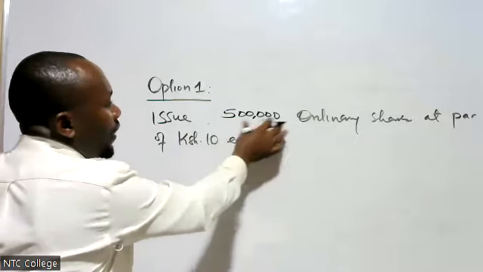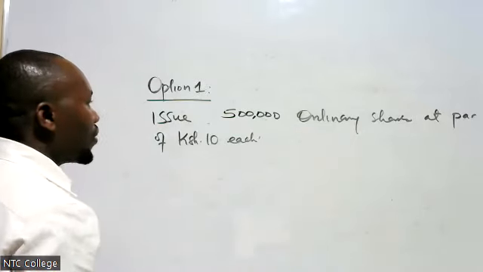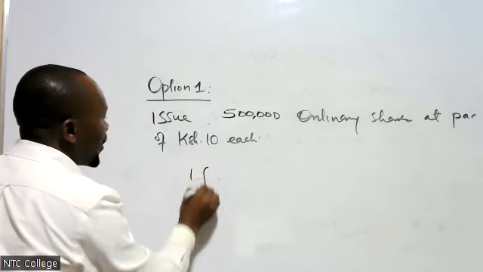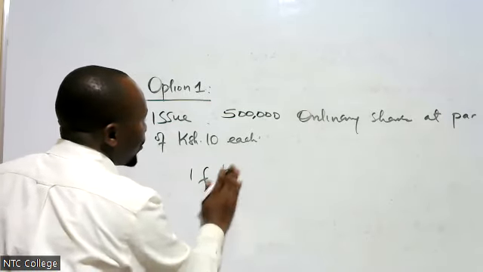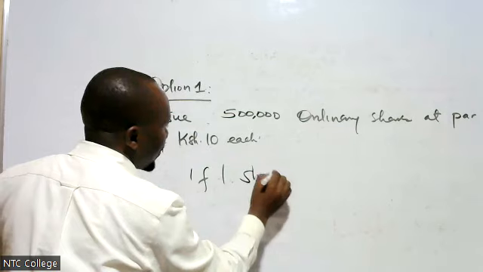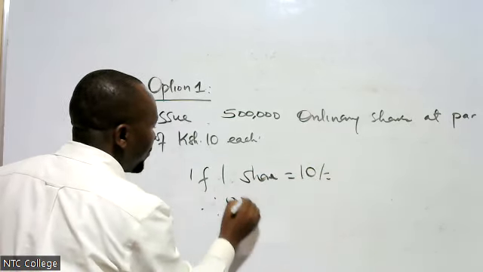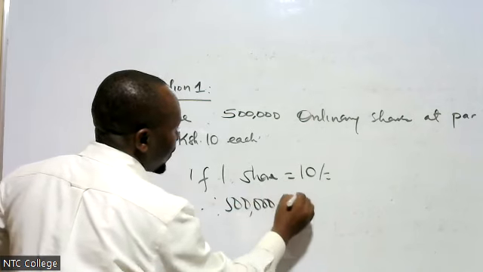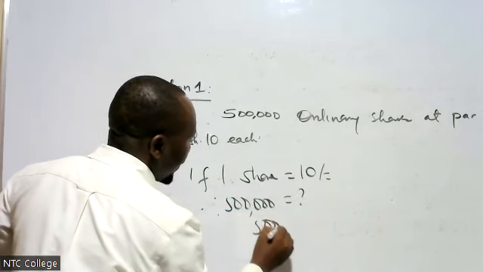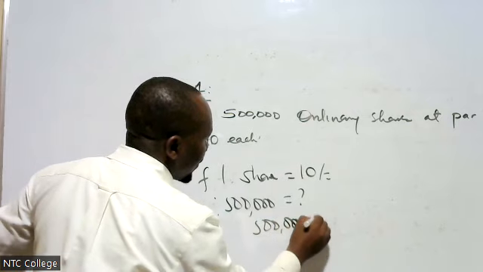So issue 500 ordinary shares at 10 shillings each. So if one share is 10 shillings, then the 500 will be 500 times 10.